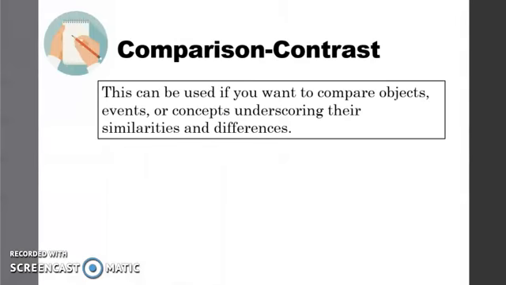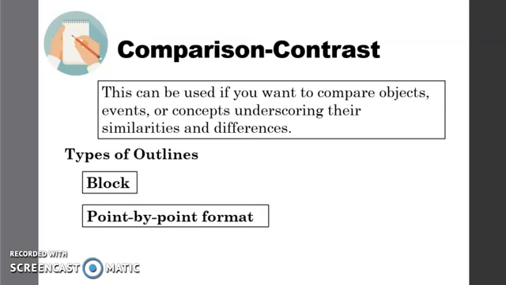And on to the last one, comparison contrast. This can be used if you want to compare objects, events, or concepts, underscoring their similarities and differences. Your outline may follow either a block or point-by-point format. Let's take a look at each type.